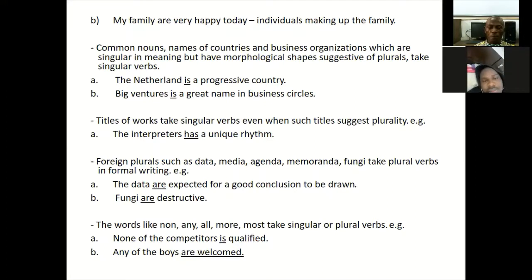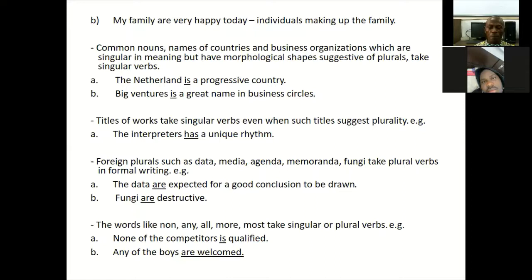But what we are saying in essence here is that these organizations, even though they are suggestive of plurals in their nature, take singular verbs. Likewise, The Interpreters has a unique rhythm. We should not be carried away because we have seen "interpreters". It is just the title of a work. That is why it is taking the singular verb "has": The Interpreters has a unique rhythm.